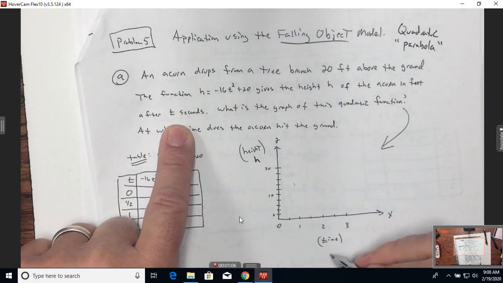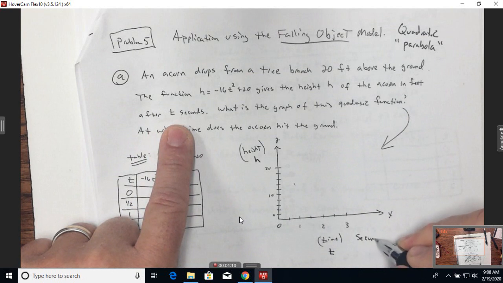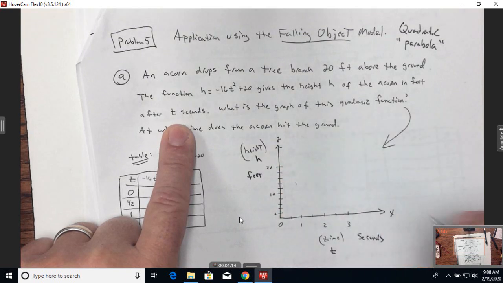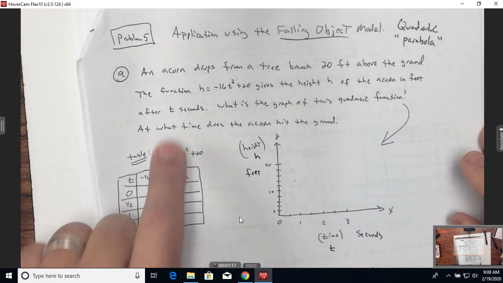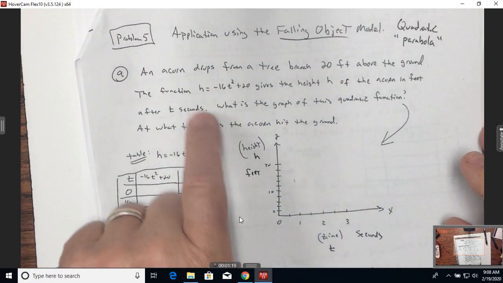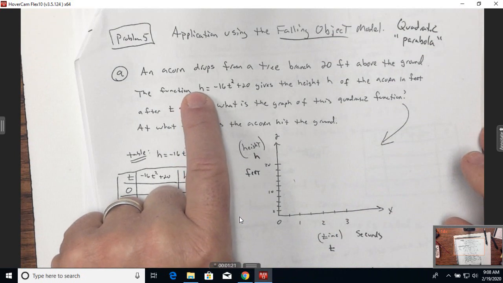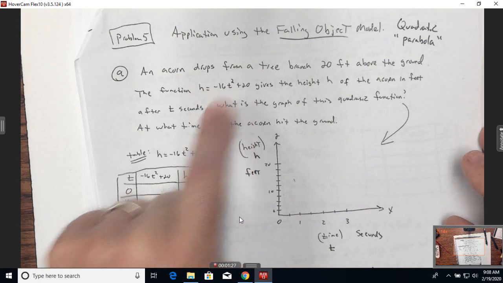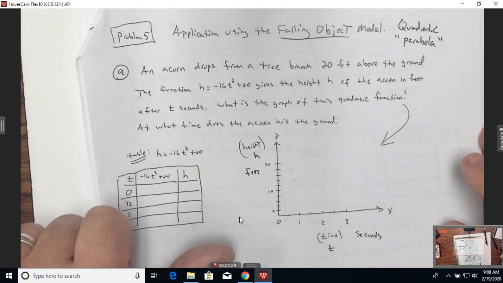So the time is t, but it's referred to in seconds. And this height h is in the units of feet, on our graph, and also in our function. So the height, the output, is referring to the feet, after so many seconds. And then the t is referring to the time that's dropping.